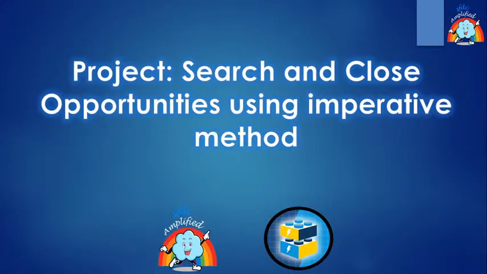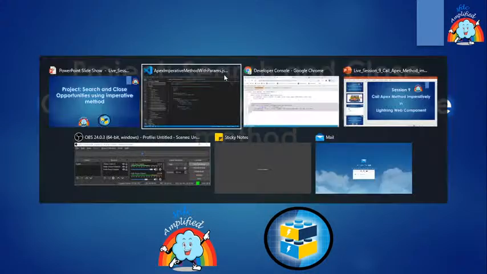So now that we have understood with parameters and without parameters, it's time to do some good use case. So now what we will do is, we will search and close an opportunity using imperative methods. So let's see.